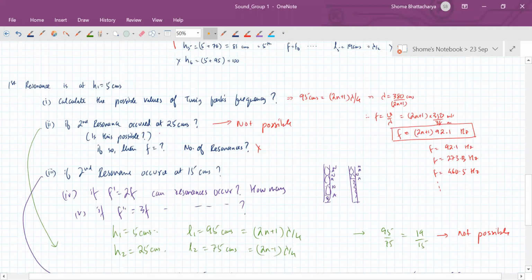Now this one, you will see 1750 is a member of this series. If you see, 1750 is some odd multiple of 350 by 38. So you can work that out. Which odd multiple is it?